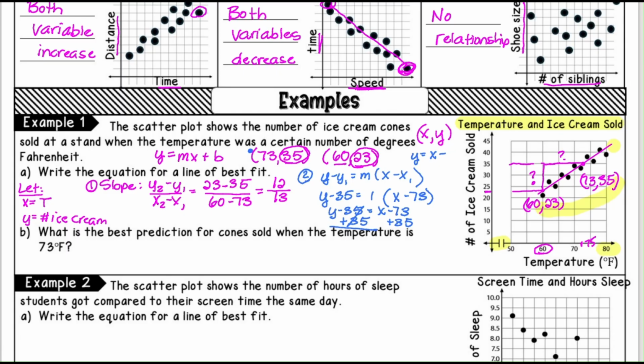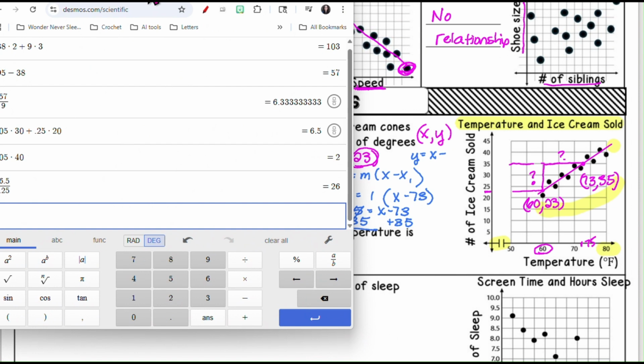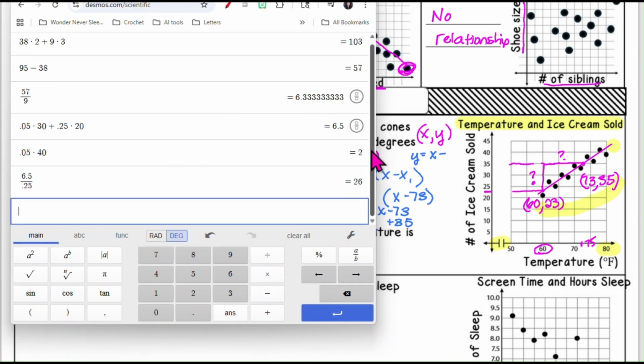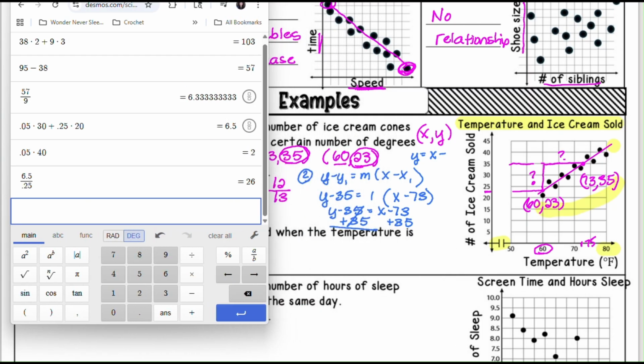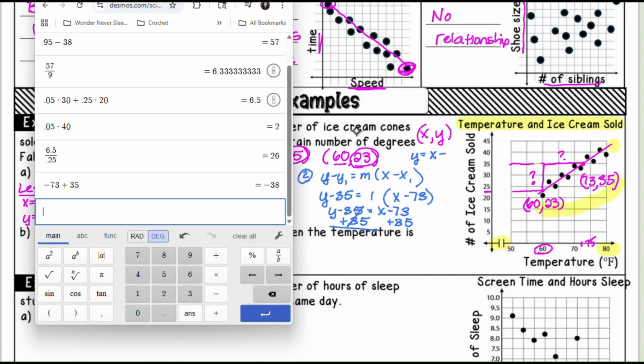We could grab our Desmos because that just makes life a little easier. Okay, so we got negative 73 plus 35, and that's going to give me minus 38.